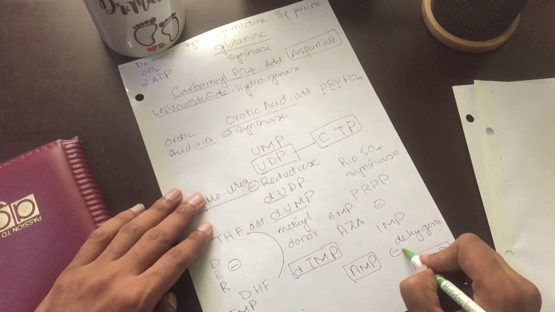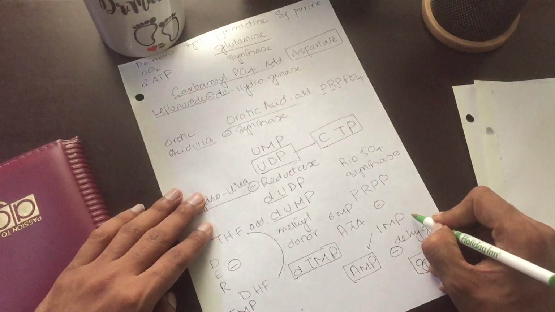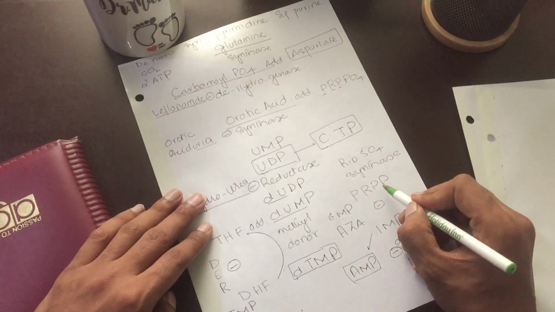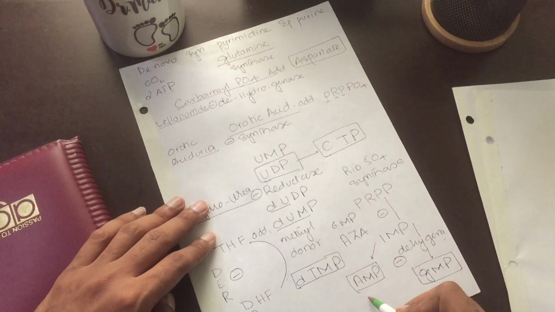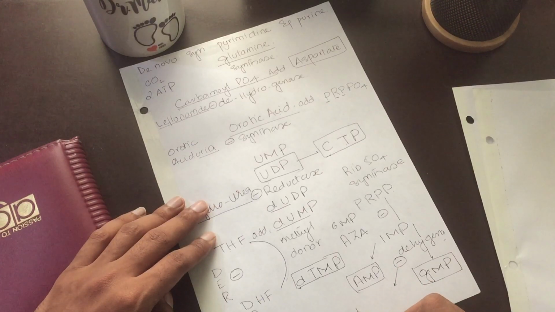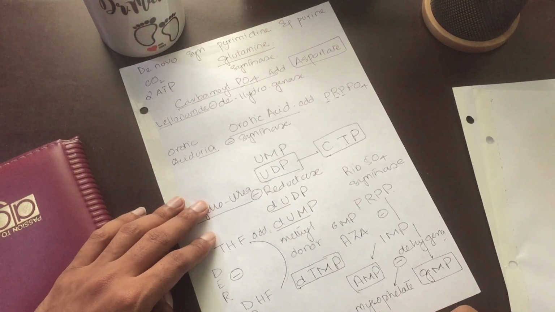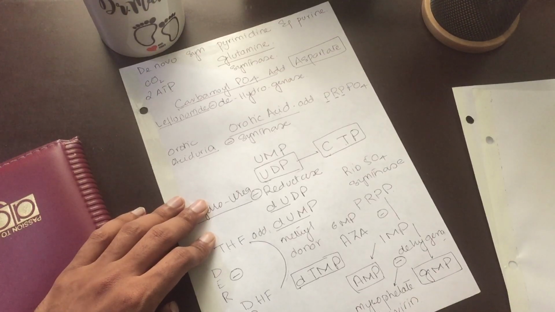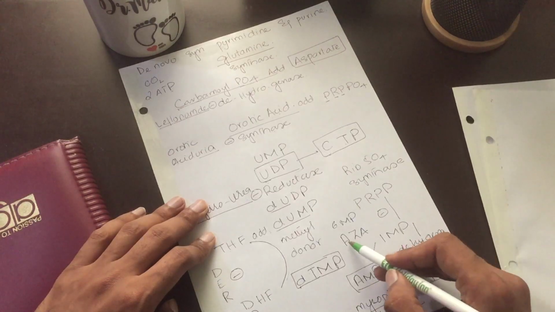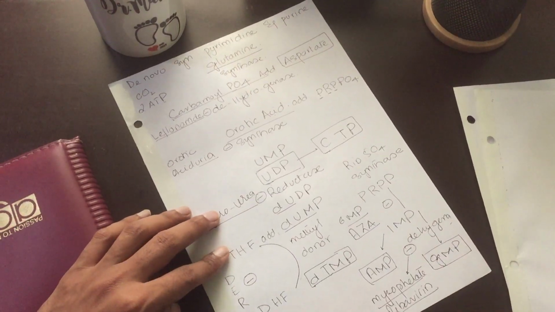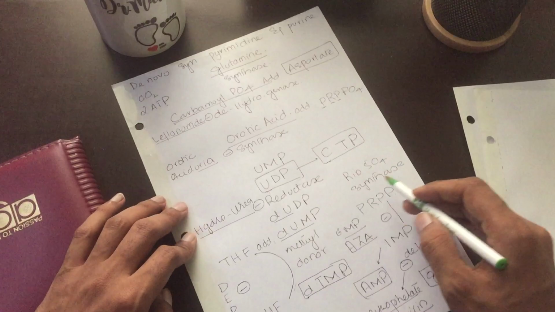And this dehydrogenase enzyme is inhibited by mycophenolate and ribavirin. This is how these antimetabolites work, and they also cause side effects in the human body.